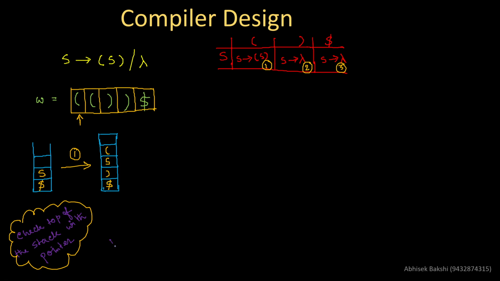Point number 2: when we put the RHS of any production rule, we should push the RHS in reverse direction.